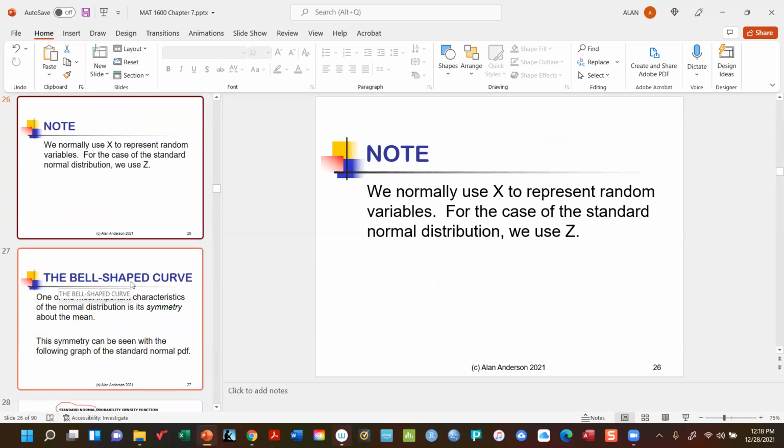From now on, X will be used to represent any random variable except when it comes time to the standard normal, we're going to replace the X with a Z. This is by convention. The Z is understood to represent the standard normal distribution. All the rest are going to be represented with X. Okay, so that shows you how important this is when it gets its own letter.